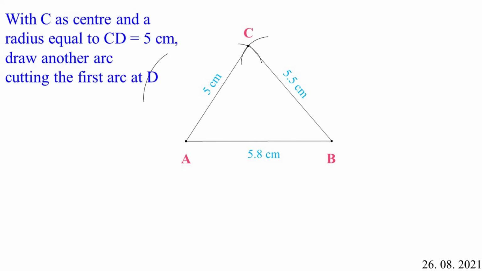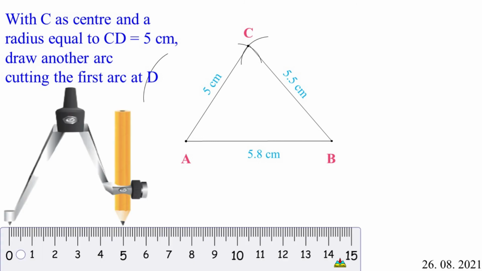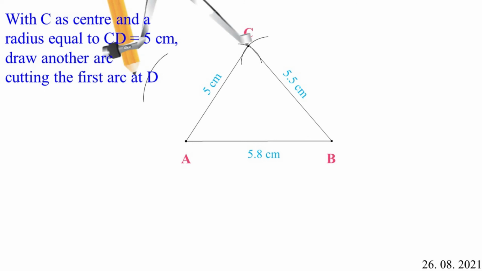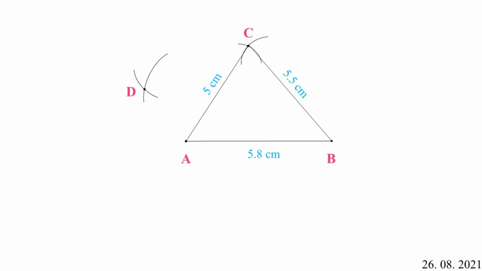Now we draw side CD equal 5 cm. Again using ruler and compass, take a 5 cm radius with C as center. Draw another arc above the segment AB cutting the previous arc. Name that point D. Last step, join BD, CD and AD.